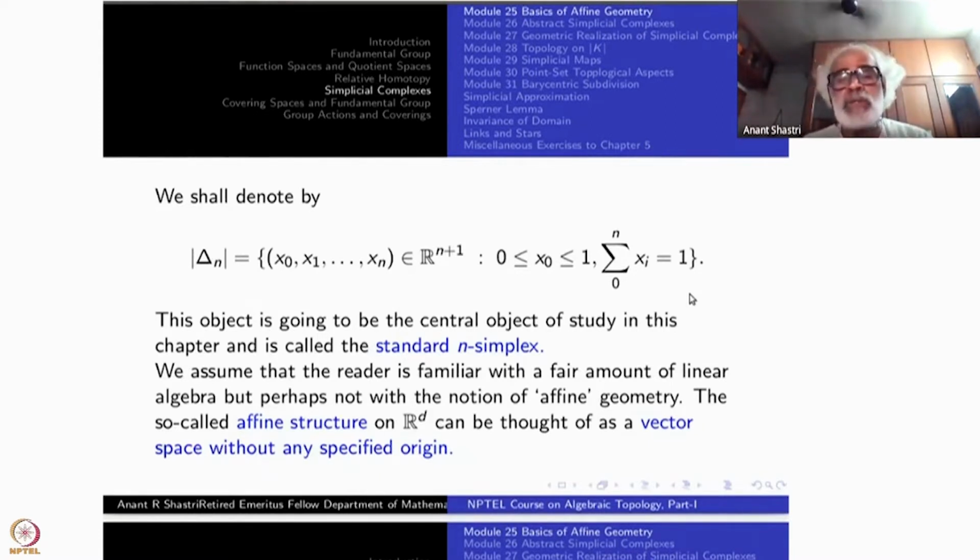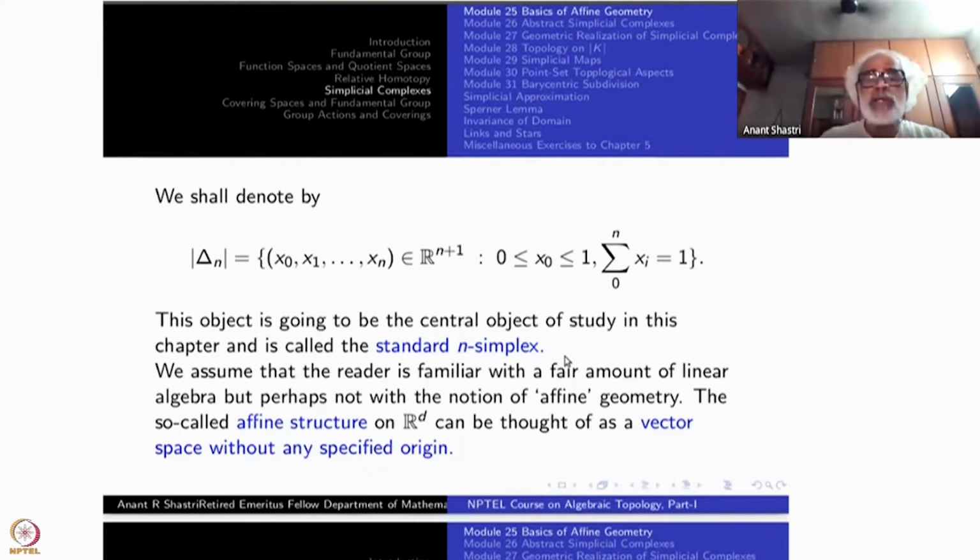So it is one-dimensional, and that will be called the one-simplex. So the one-simplex is embedded in R^2. The two-simplex will be embedded in R^3. The standard two-simplex will be the triangle spanned by (1, 0, 0), (0, 1, 0), (0, 0, 1). So those three will be the vertices.